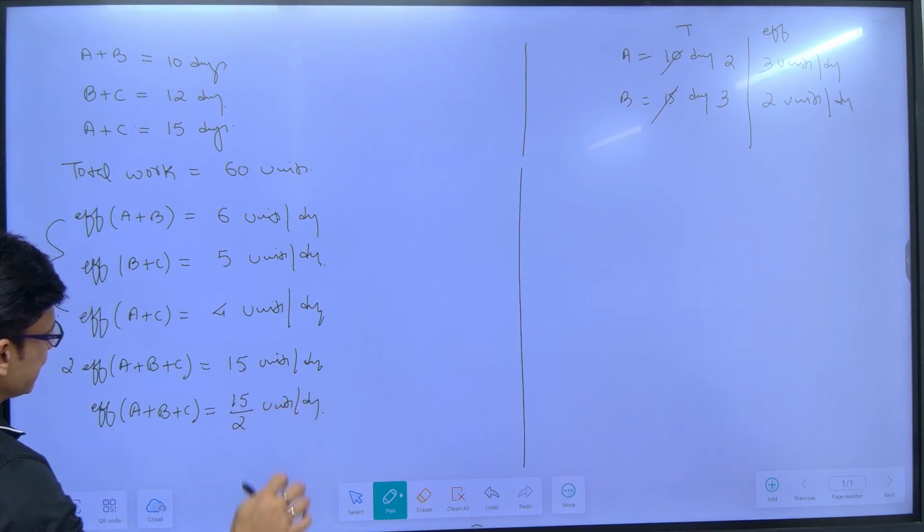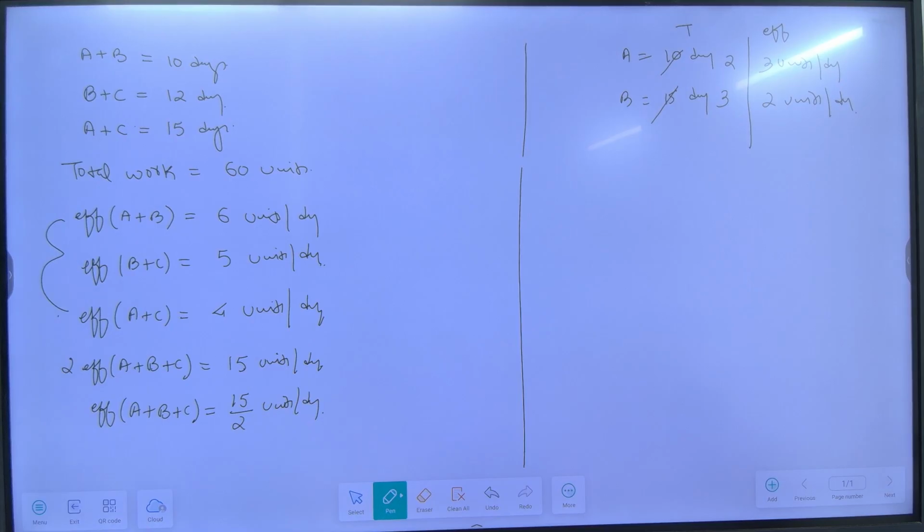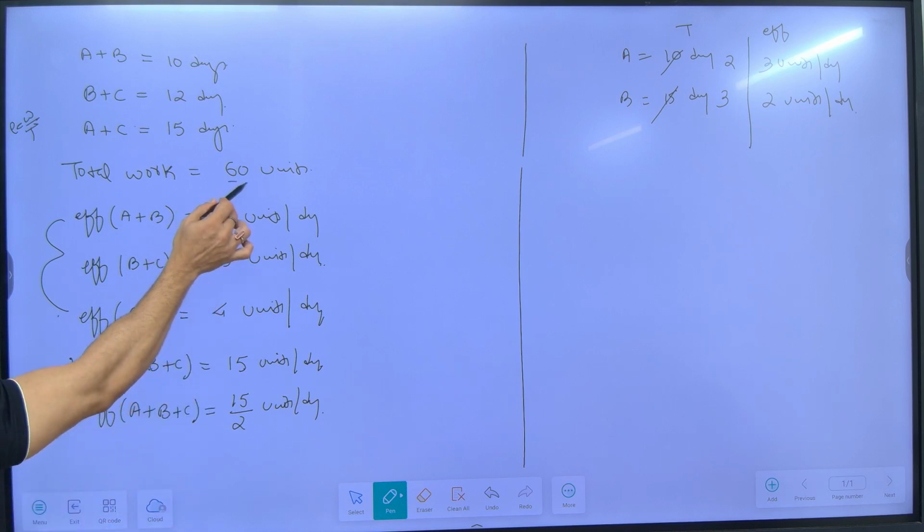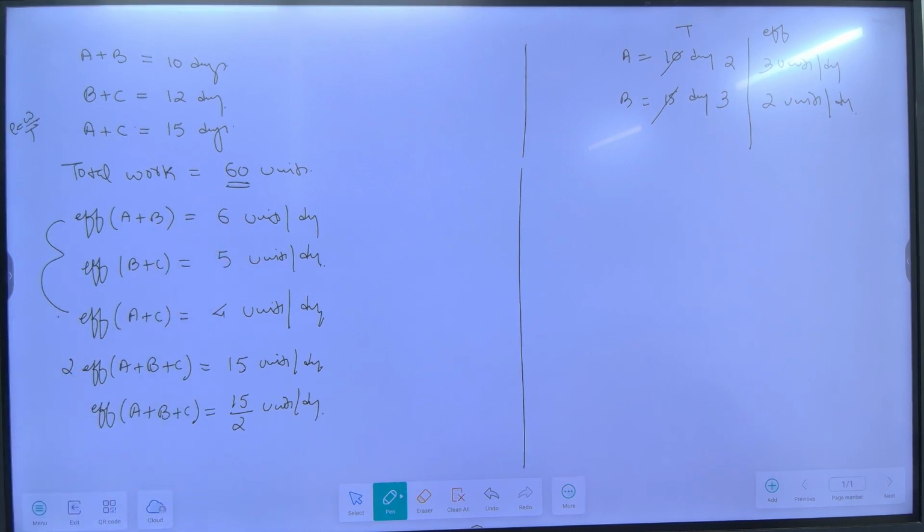Anyone having doubt in this? How to find out efficiency? So if I find out efficiency of A plus B, so A plus B is doing how much unit of work? And time is 10.